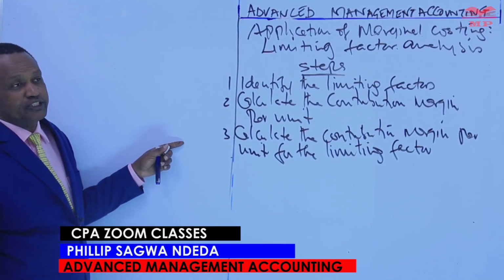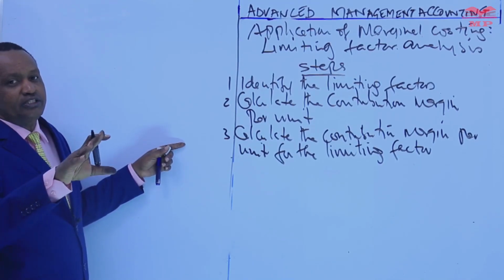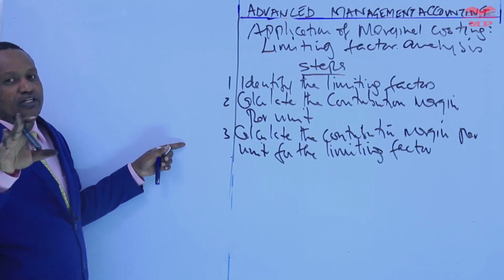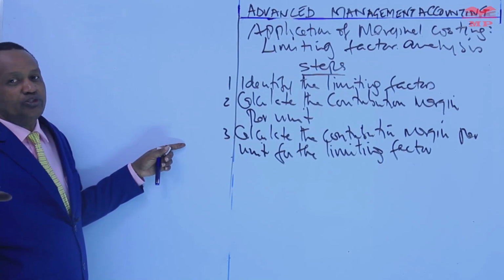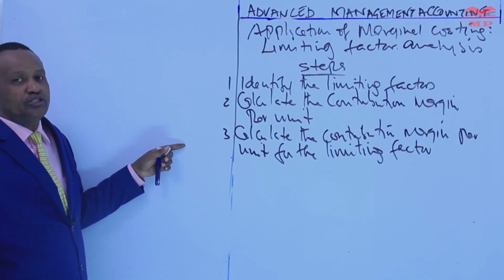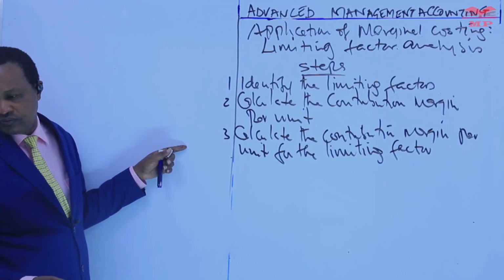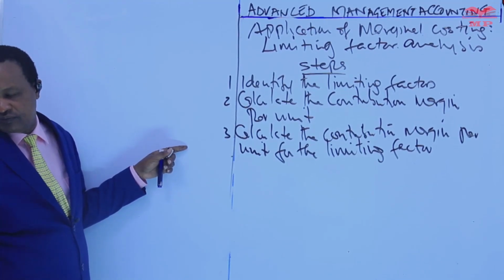That is to say, we divide the contribution margin per unit by the number of the limiting factor required to produce 1 unit of the product, and that indicates how much contribution each product generates for each unit of the scarce resource. Are you following? Yes.